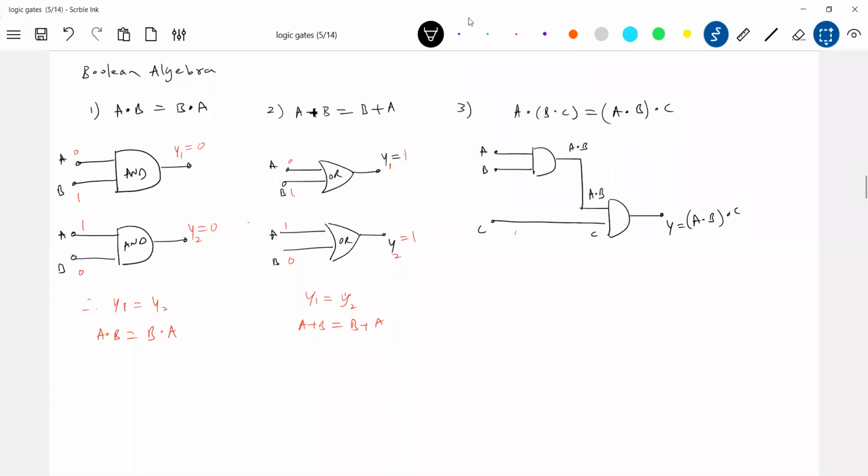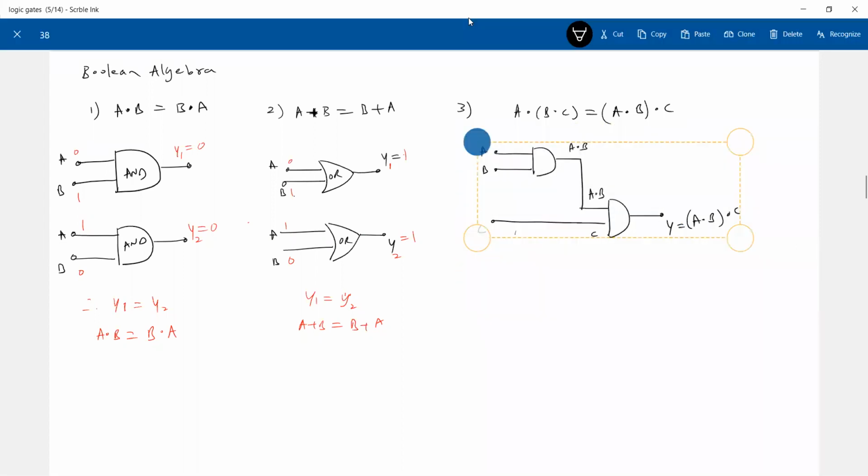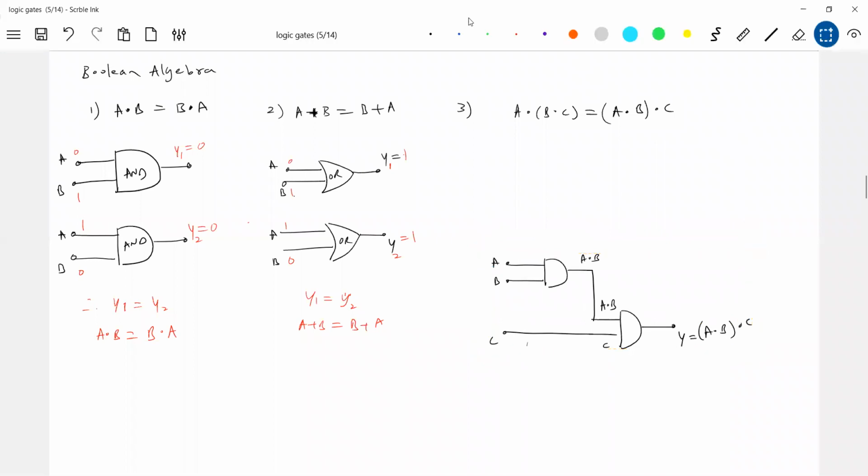Okay, the same condition. I think I showed it for the one.